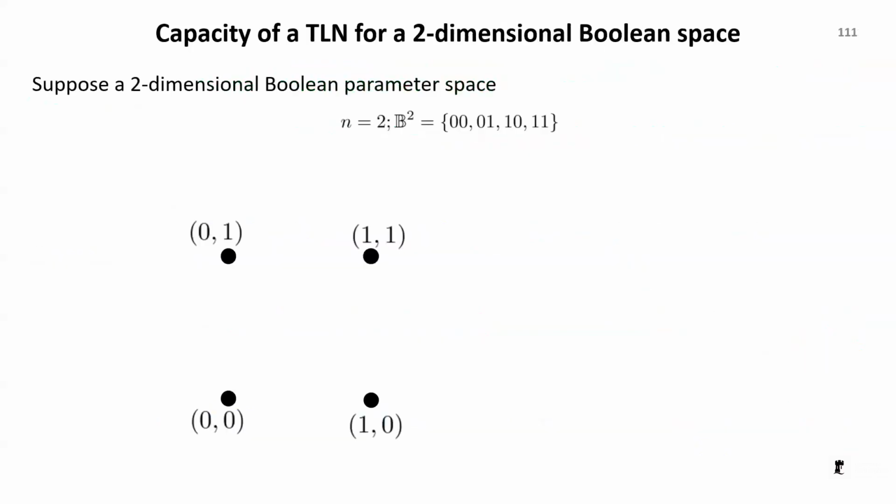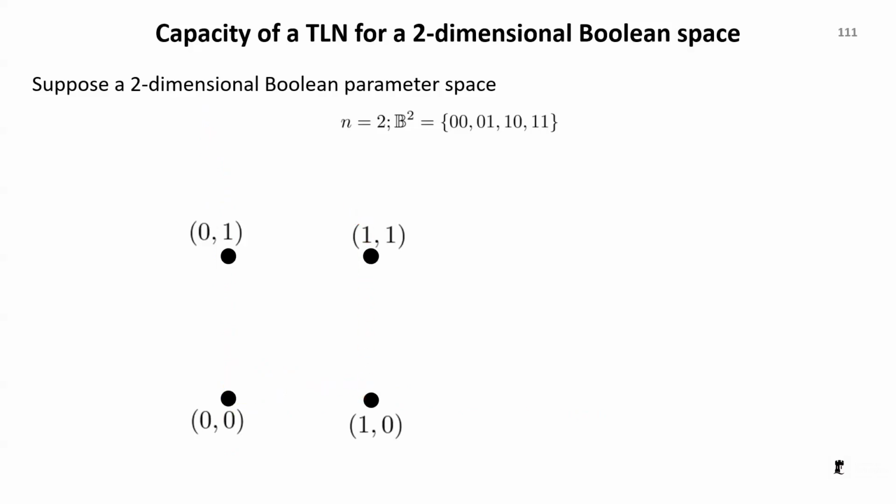Yeah. Now assume the problem we have is very simple. Again, a two-dimensional Boolean problem. Meaning we have input A1 in this direction and input A2 in this direction, and we only have four possible combinations of points.